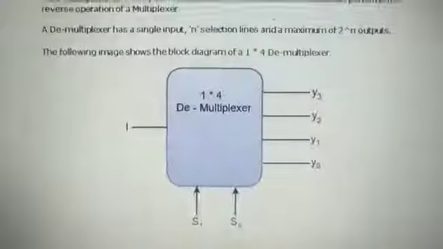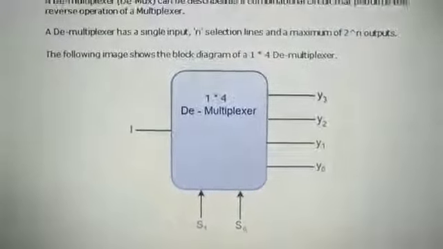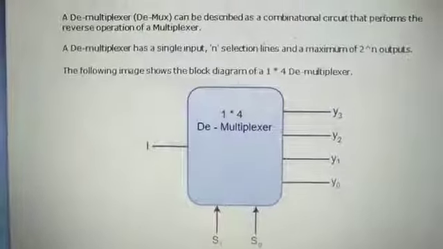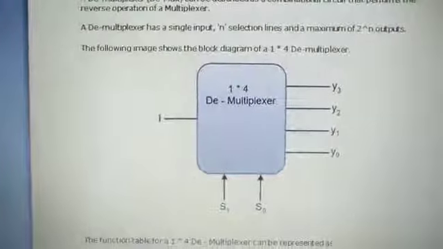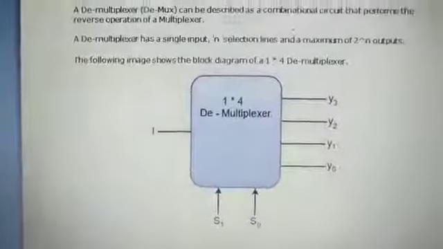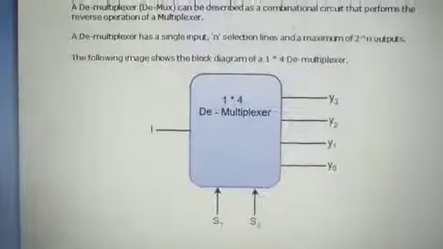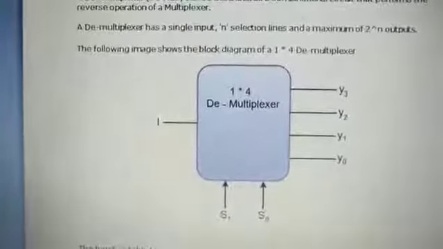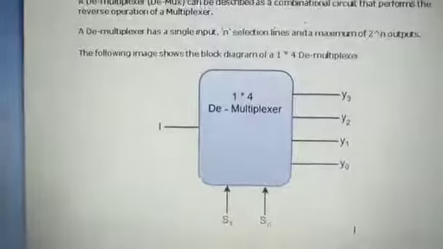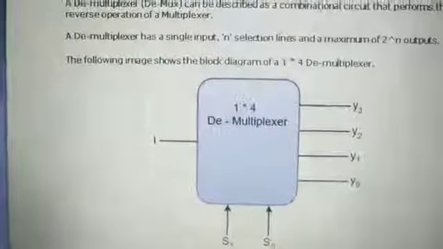Using this block diagram we try to identify a few things. First we are saying that a demultiplexer is a logical circuit that receives information on a single input and transmits the same information over the several output lines.